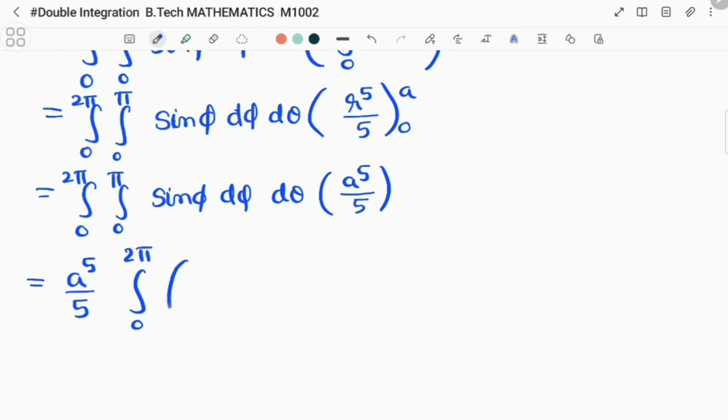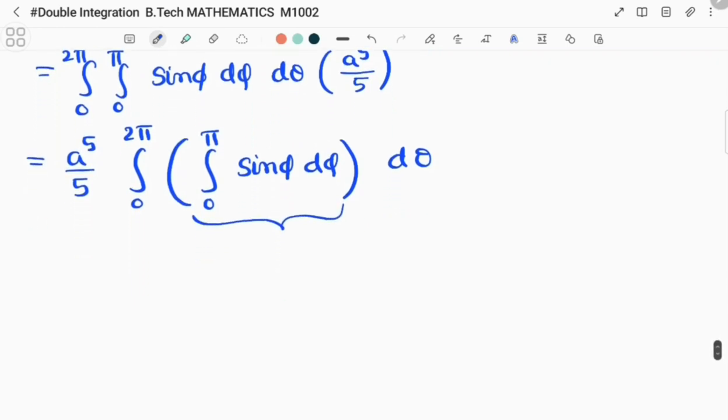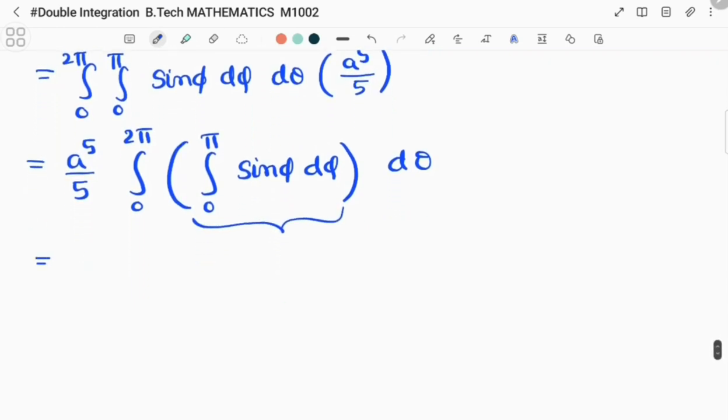So a to the power 5 divided by 5, integral 0 to 2 pi, minus cos pi minus cos 0, into d theta. So a to the power 5 by 5, integral 0 to 2 pi: cos pi value is minus 1, dear students, and cos 0 value is 1.